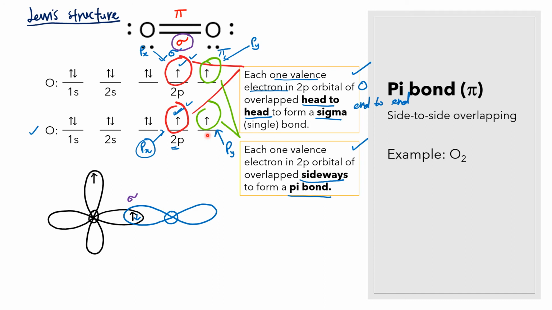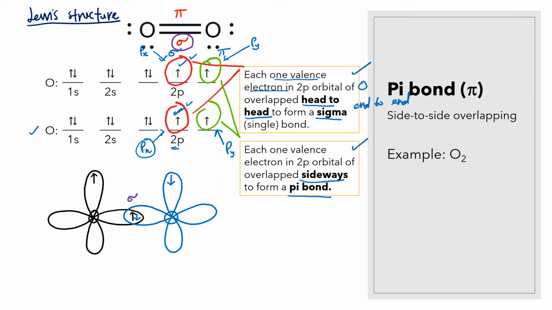Dan untuk second 2p orbitals in the second oxygen yang mengandungi 1 elektron juga, you have to draw the same dumbbell shape tetapi dalam kedudukan ataupun orientation PY. So dalam that orbital as well, kita ada apa? Kita ada sebanyak 1 elektron di sini. But in this case, kita letakkan spin of that electron ke bawah.